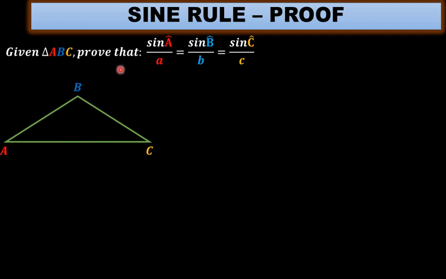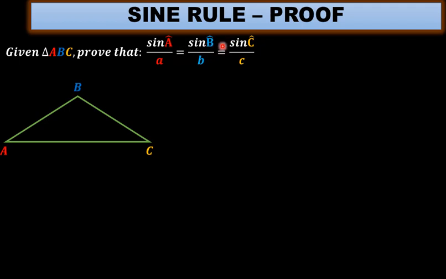So in simple terms, the sine rule says the sine of an angle divided by the side that is opposite to that angle is equal to the sine of another angle divided by the side opposite to it. So it's a ratio of the sine of an angle and the side opposite to that particular angle.